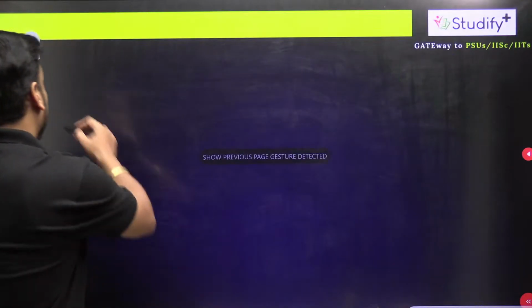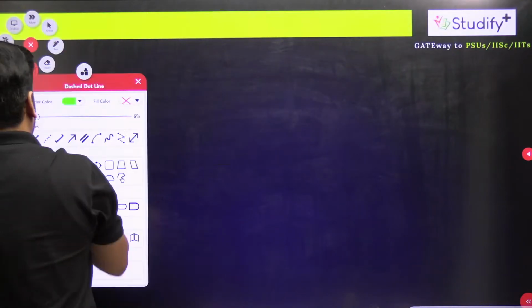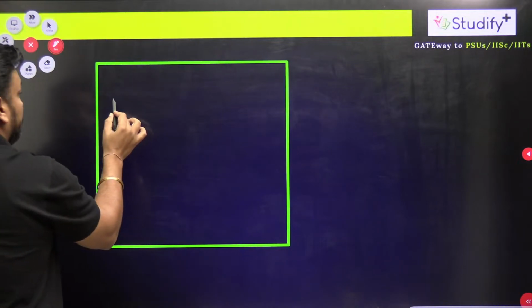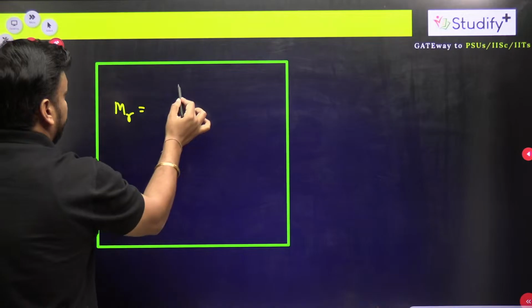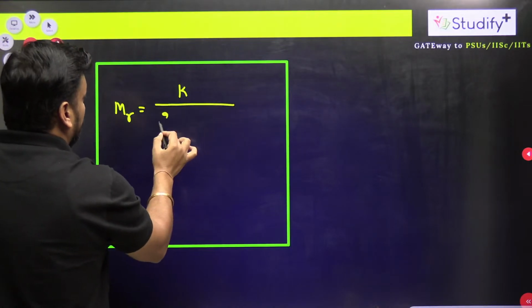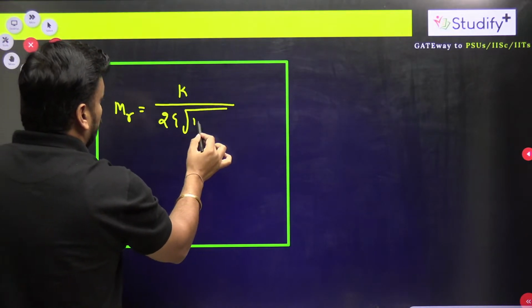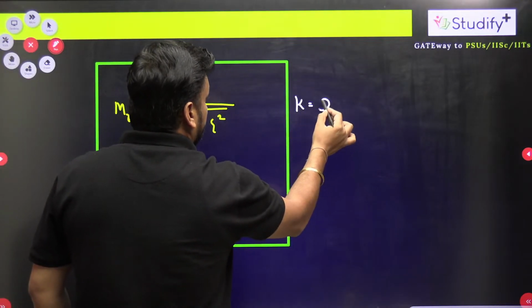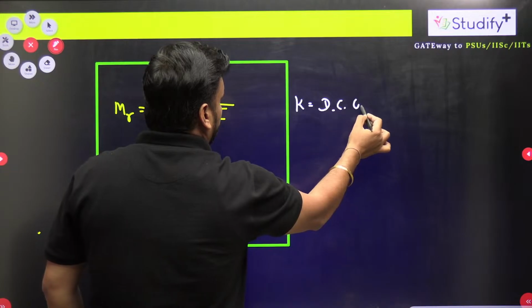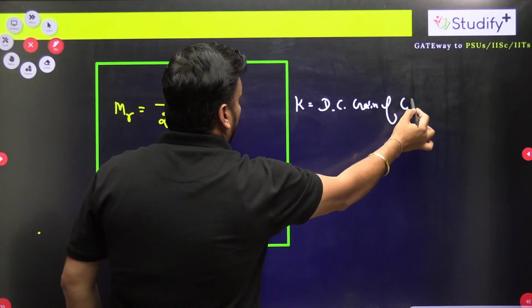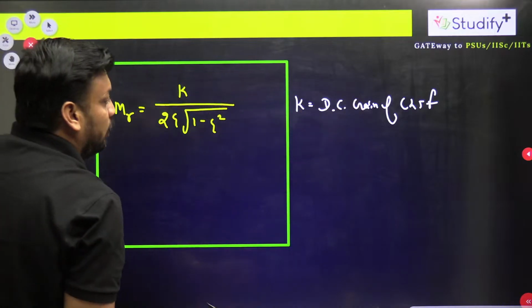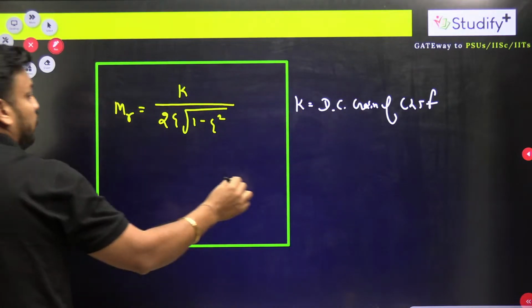So let me make a conclusion here. The resonant peak formula is what you should remember for the competitive exam: it is K upon twice zeta root of 1 minus zeta square, where K is the DC gain of the closed loop transfer function. If nothing is given about K, then we should consider K value 1 in general.